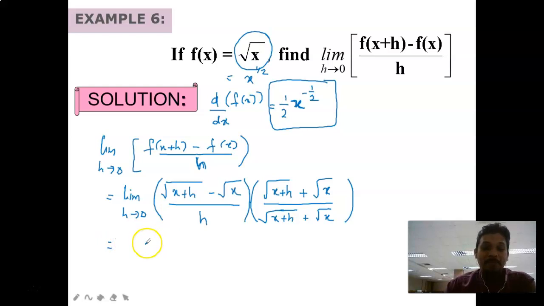Then the limit as h approaches 0, square root of x plus h multiplied by square root of x plus h, and we get x plus h.